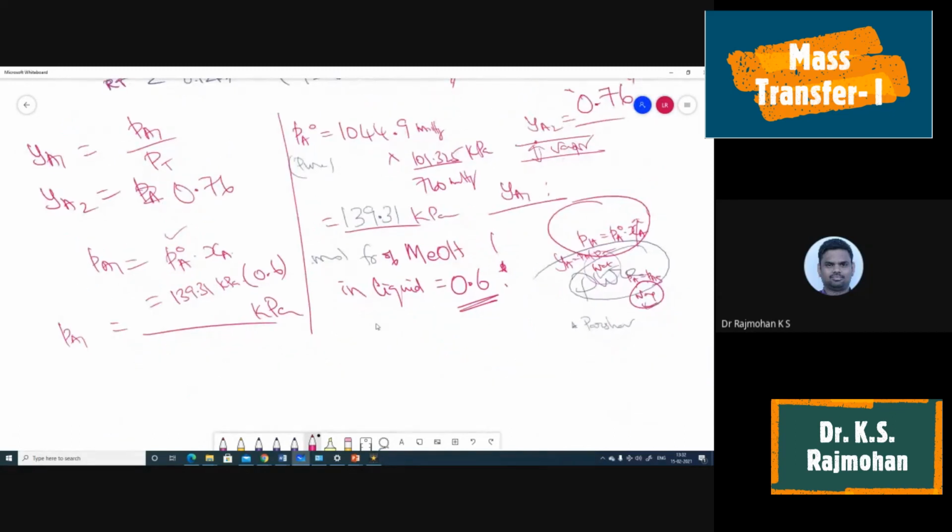YA1 equal to PA1 by P total. So what is the PA1 value? It is 83.58 kilopascal.